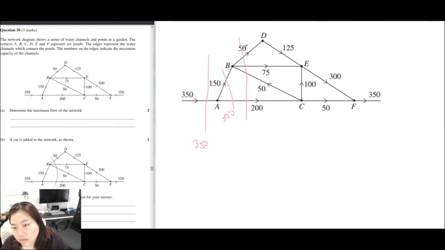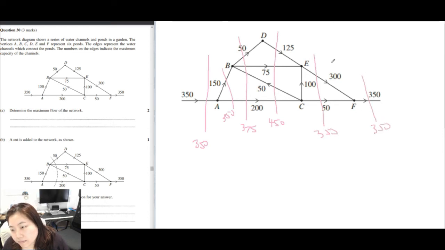This one is 100, 300, 375. I could go all the way like that, can't I? Let's try doing this first. That's 250, 325, 425, 450. And then I can do this one, which will be 350, and then that one will be 350.